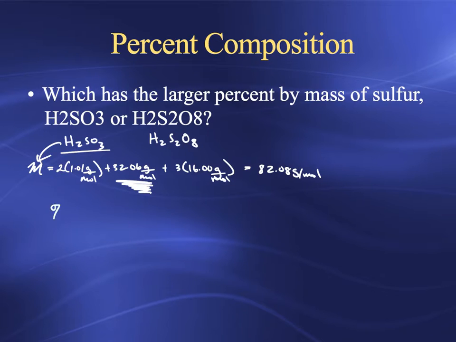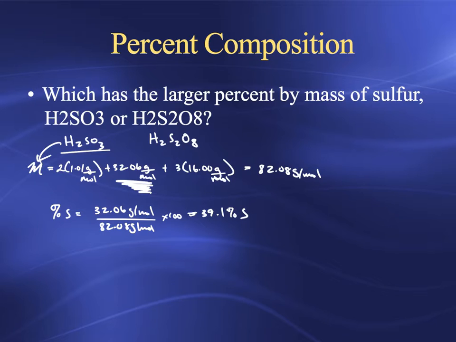So if I want the percent sulfur, that's going to be 32.06 grams per mole divided by the molar mass of the whole compound, 82.08 grams per mole times 100. For this first one, 32.06 divided by that number times 100, we get 39 point, and we'll just round this to the tenths place, 39.1% sulfur.